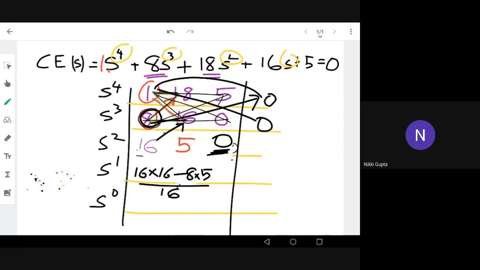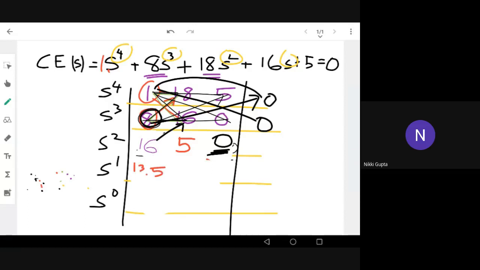If you take 16 common outside, here we'll have 1 by 2. So 16 cancels. 16 minus 2.5 is 13.5. So we got 13.5 here.